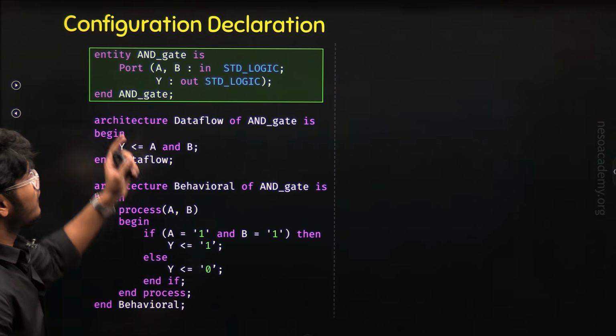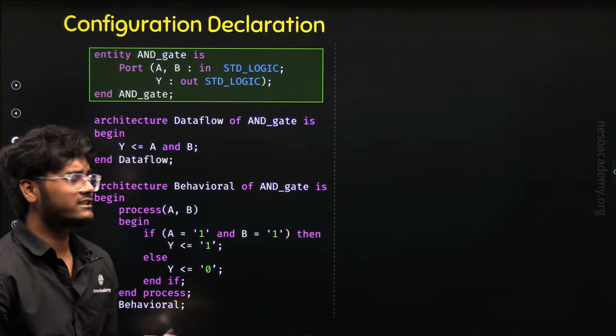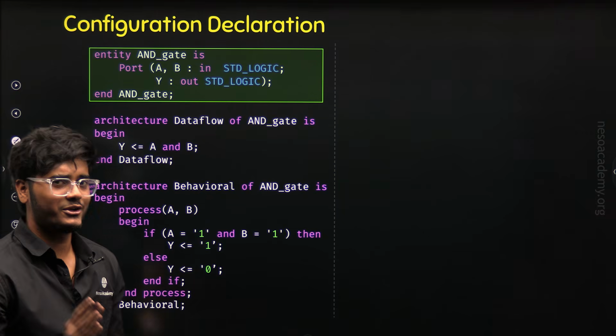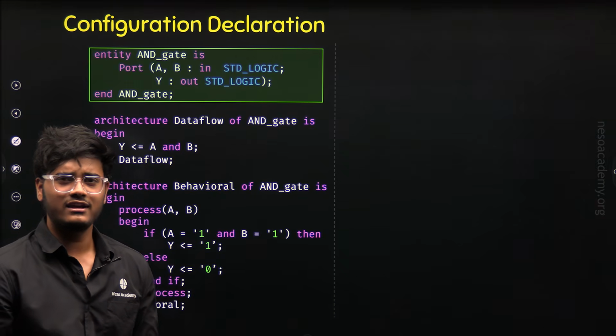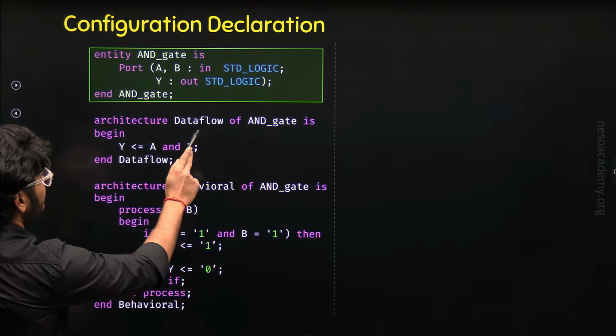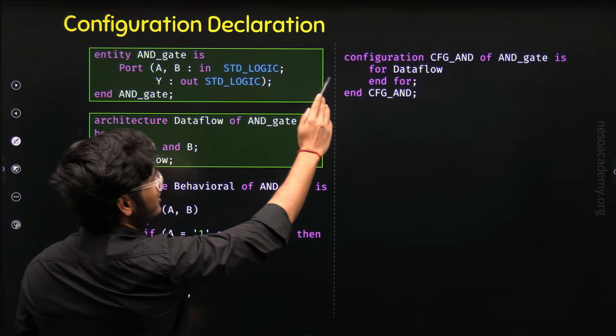So overall, one entity have two architectures. Now how to select one of these? Using configuration declaration. Example, let's select data flow architecture using configuration block.